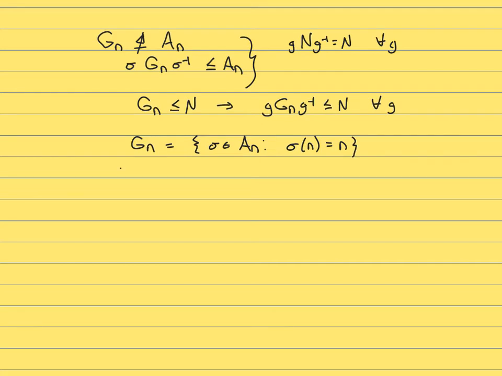It's not too hard to see what happens when you conjugate. Let's use tau here. Well, you end up getting sigma of tau of n equals n. Wait, wait, hold on.